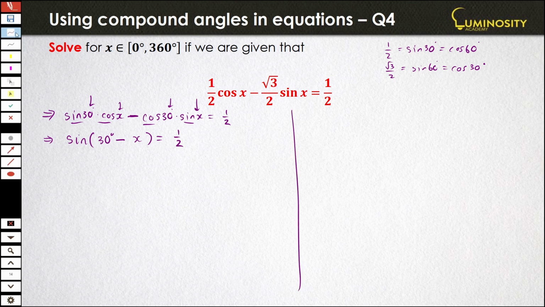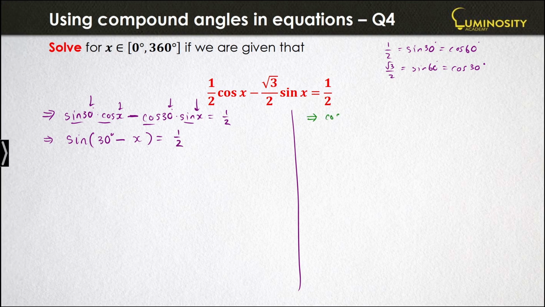Alternatively, we could have done it this way. Instead of a half, I could have put cos of 60 degrees times cos x, and then √3/2 as sine of 60 degrees times sine x, equals a half. Where have you seen cos cos, sine sine before? That's the cos compound angle.